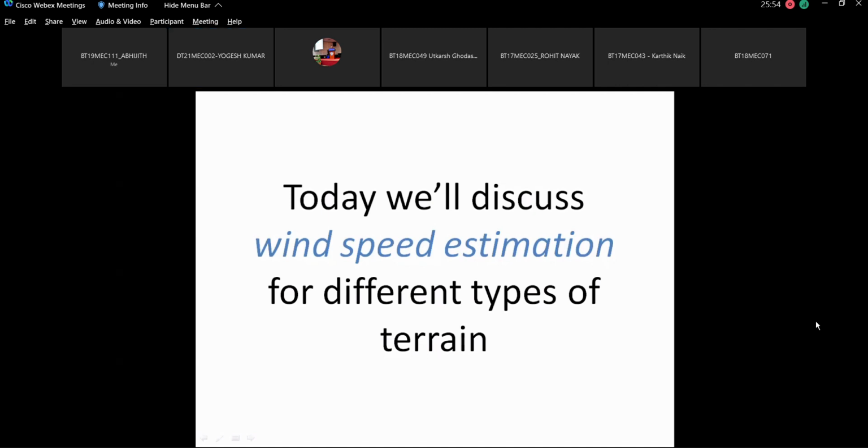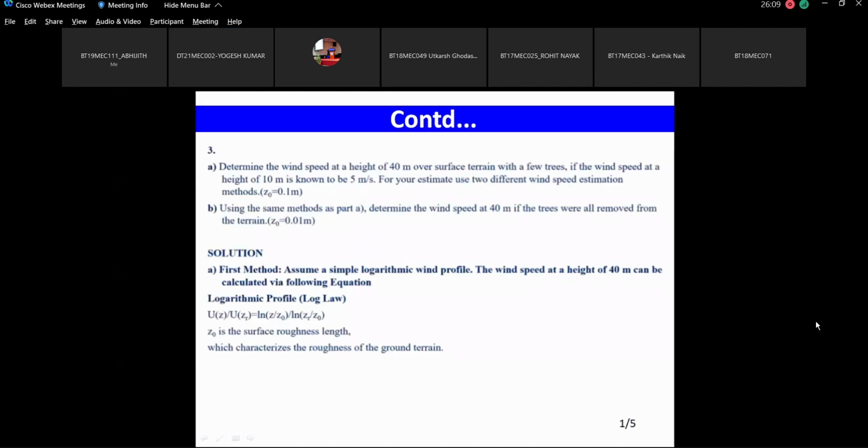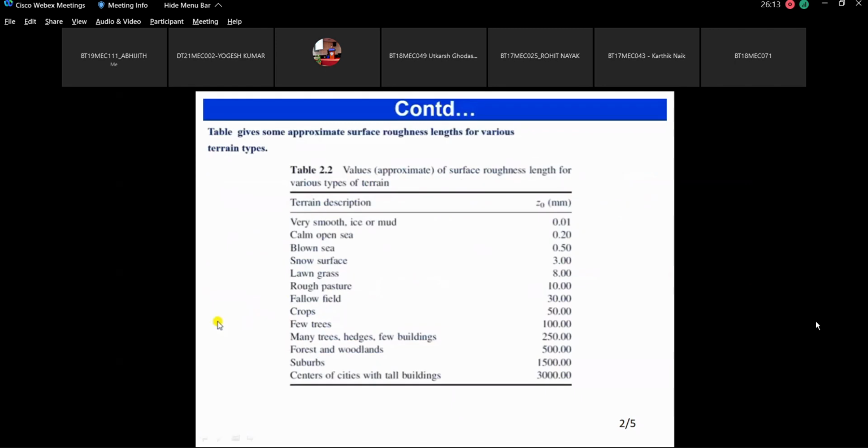Good afternoon, students. Today we will discuss wind speed estimation for different types of terrain. First, note down this table in your notebook.